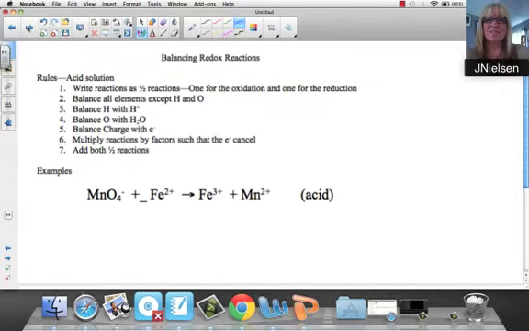Okay, now here's where things are going to become new. Balancing redox reactions. Balancing redox reactions is going to be different than balancing a regular reaction. And the rules change depending on whether the solution is an acidic solution or a basic solution. So we're first going to go through the rules in an acidic solution, and then we're going to go through the rules in a basic solution.